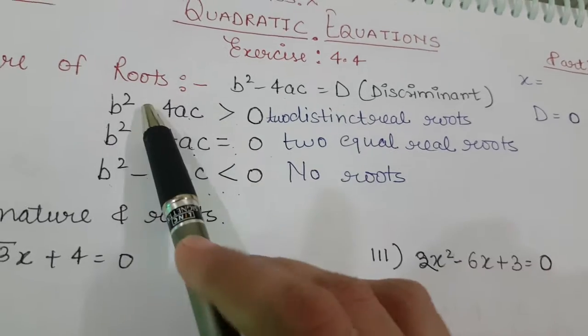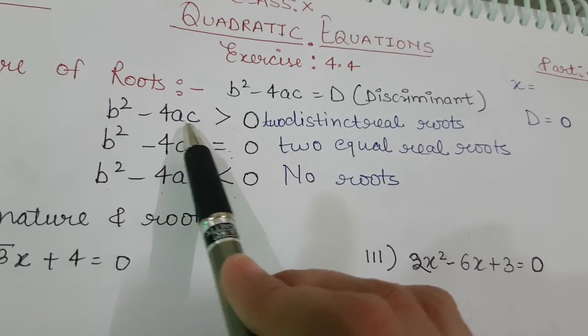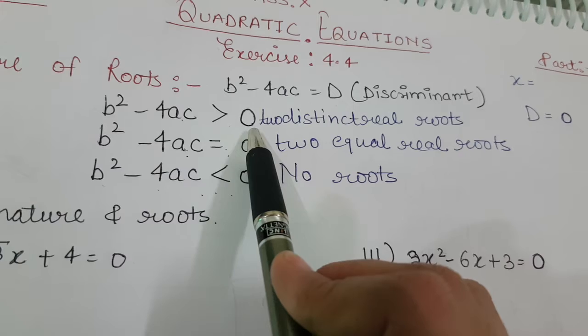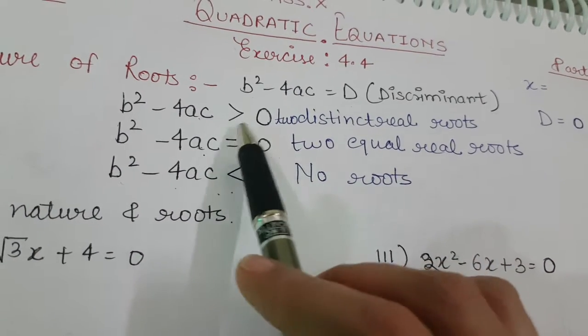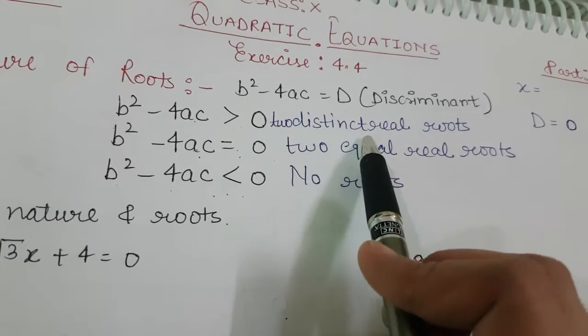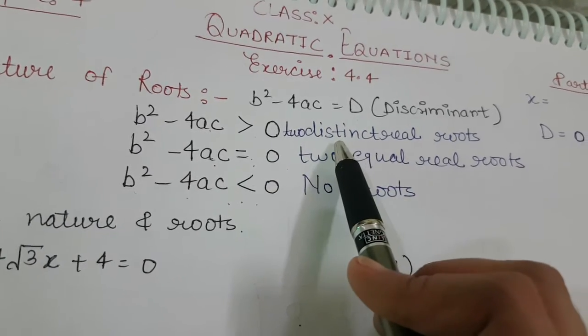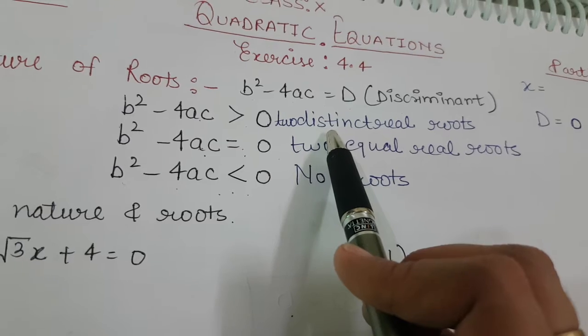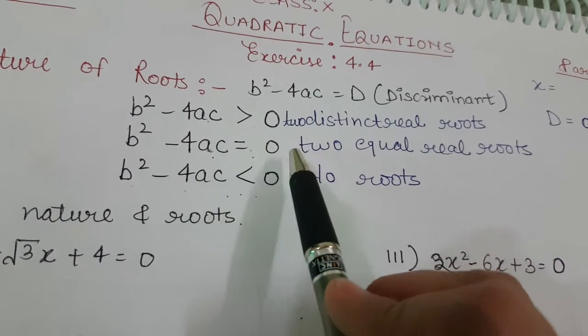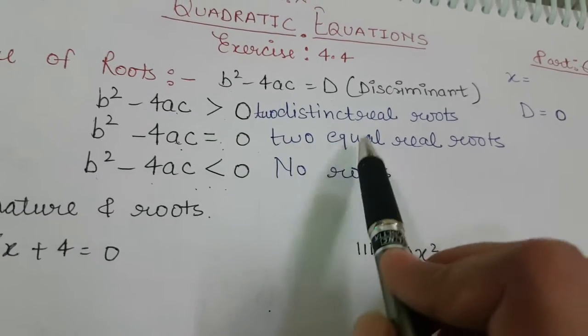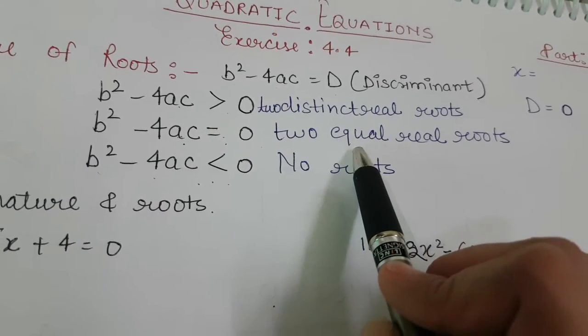So students, if the D value, meaning b square minus 4ac, is greater than 0, meaning positive, then the nature of roots of that equation will be two distinct real roots, meaning you will get two different real roots. If b square minus 4ac is equal to 0, you will again get real roots, but both roots will be equal.